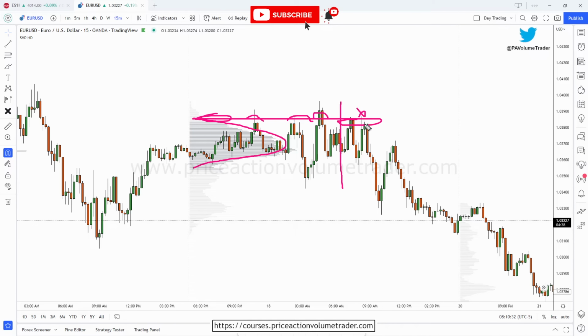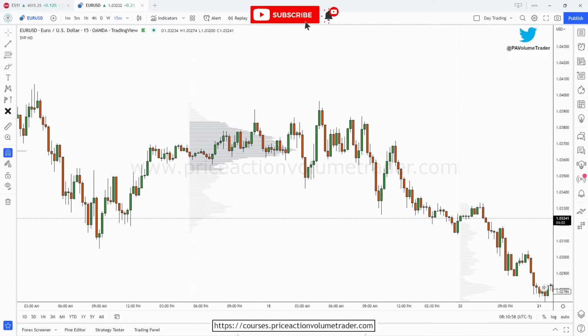Yeah, of course, there is a chance this could break out and take off, but trust me, the odds of a breakout and just a strong move in one direction happening, unless there's a big economic, news driven move, are very low. So if you're coming up into here, this is the last place you want to be going long on the edge of this node. Okay.